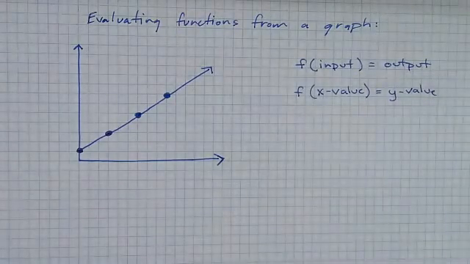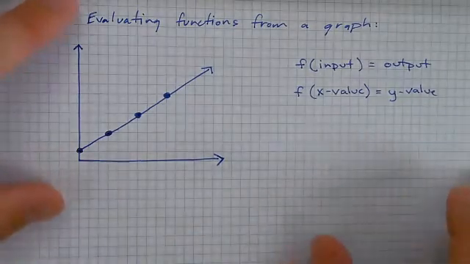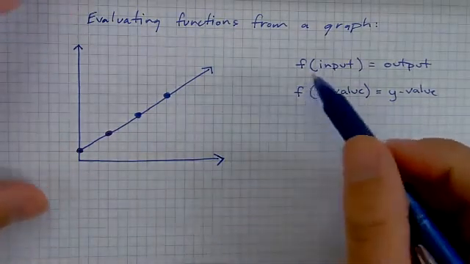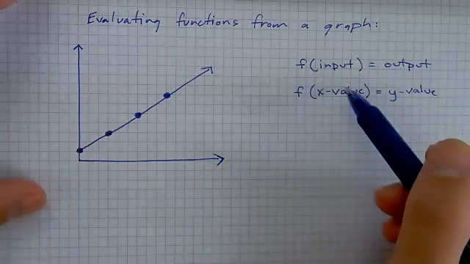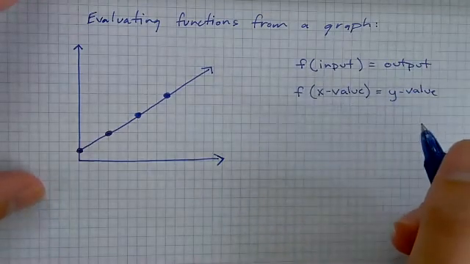All right. So depending on what's easier for you to remember, you can think of it as: what is my input that's going to give me the output? What is my X value that's going to give me my Y value?